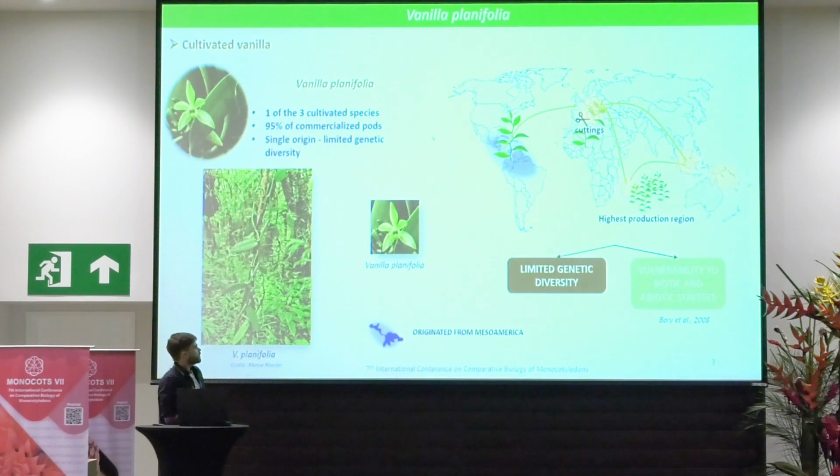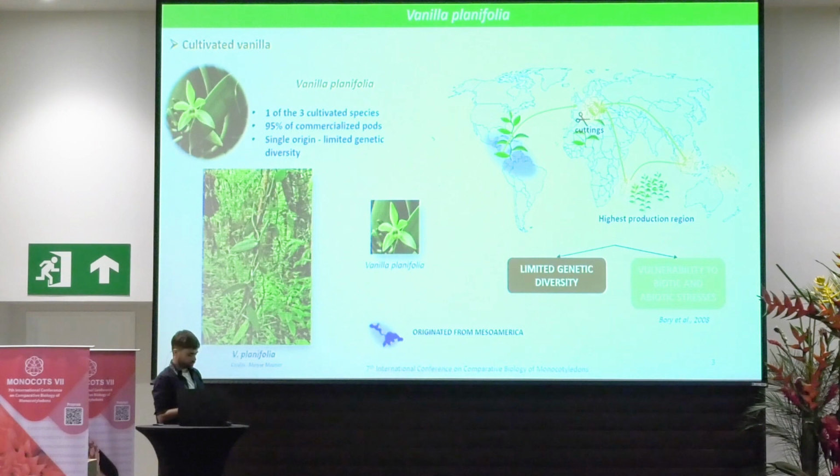This species originated from Mesoamerica, and their nearly exclusively vegetative mode of propagation from this region to their current area of cultivation around the world has led to a really limited genetic diversity, and so to a certain vulnerability to biotic and abiotic stresses.